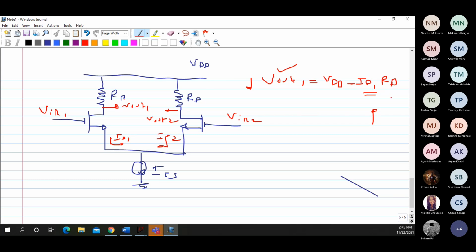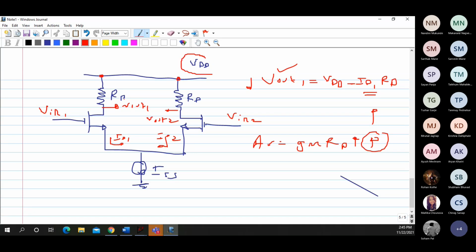Now we wanted a method: if I increase my RD, so AV is GM times RD, gain tries to increase, but gain cannot increase beyond a certain point because it reaches something called a headroom problem.